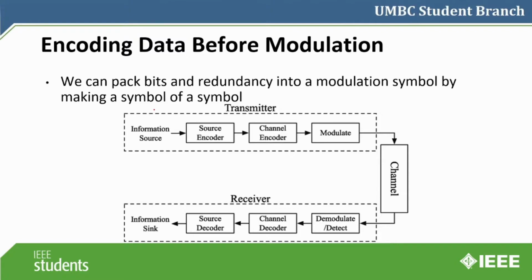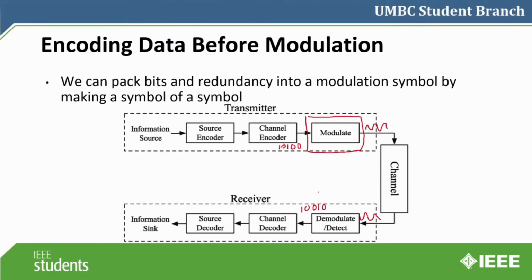And we can pack even more in. So what we've been talking about is modulation, the concept of getting ones and zeros and turning it into a wave. And then in the same perspective, demodulation is getting a wave and turning it into ones and zeros.